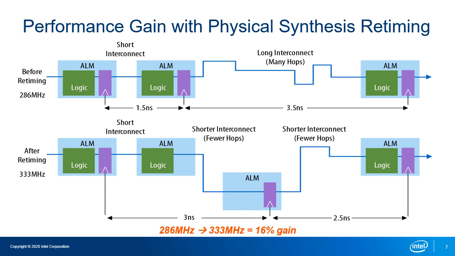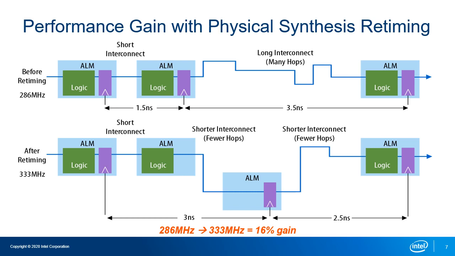The challenge with this is the ALM register locations are very coarse-grained since they are in specific locations in the device. Remember too from the Hyperflex architecture overview online training that there are timing delays associated with getting to and from an ALM register. This challenge is illustrated in the diagram on this slide.